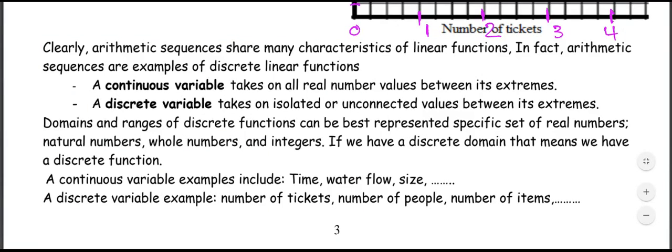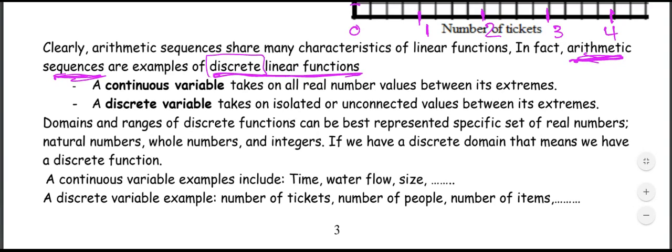So let's talk about the difference between linear functions and arithmetic sequence so far. Clearly we can see that arithmetic sequences share many characteristics of linear functions. In fact, arithmetic sequences are examples of discrete linear functions. So basically, arithmetic sequences are called discrete linear functions.